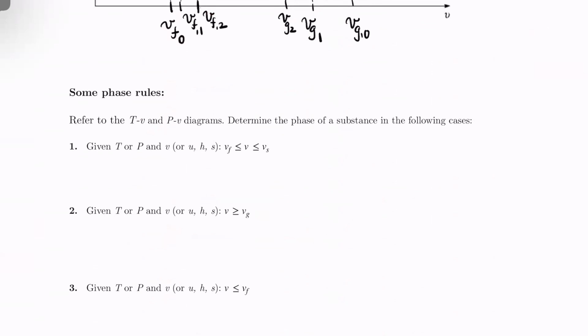If we refer to a TV or a PV diagram and we want to determine the phase of a substance, let's consider some specific cases. If we're given a temperature or a pressure and the specific volume, and our saturated liquid, so our specific volume for a saturated liquid, and then this should be G, sorry.